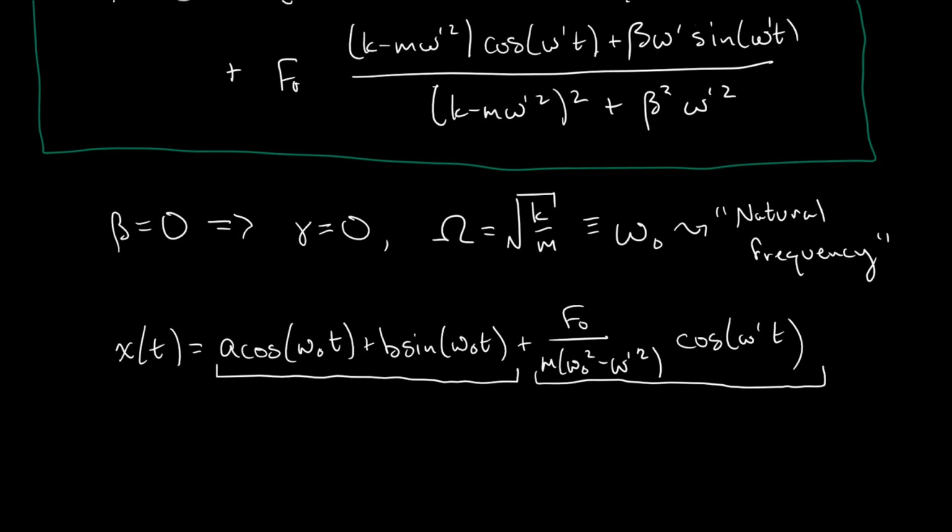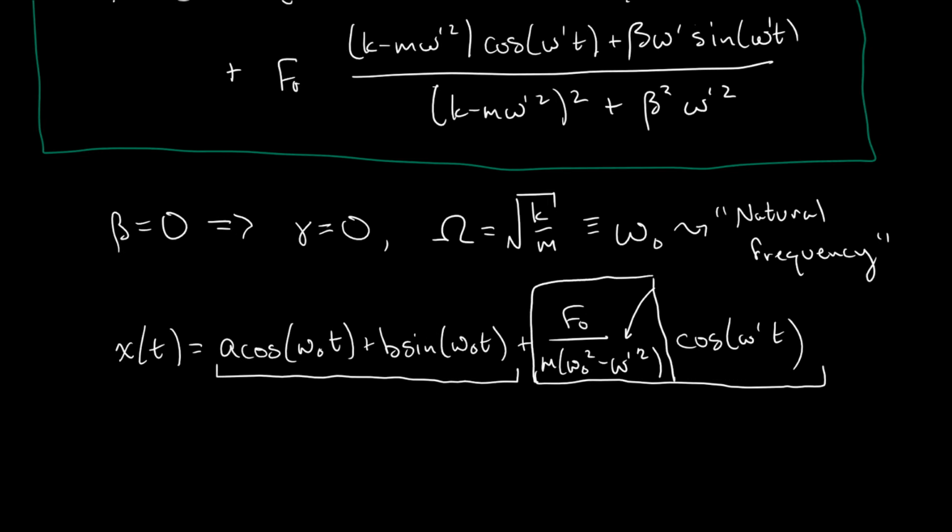And what we also see is that down here in the denominator, we have omega naught squared minus omega prime squared. Which means that as I bring omega prime closer and closer to omega naught, this coefficient is going to get larger and larger.